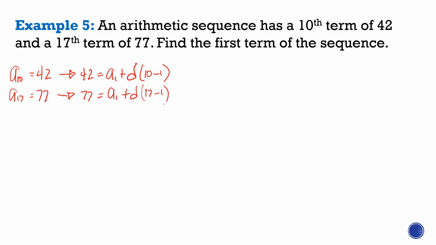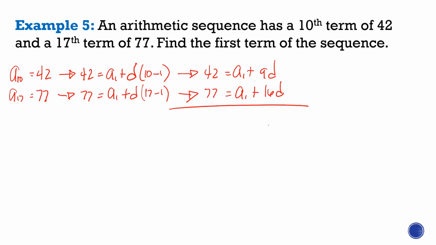Right? Next, let's simplify both. 42 equals A1 plus 9D, and 77 equals A1 plus 16D.